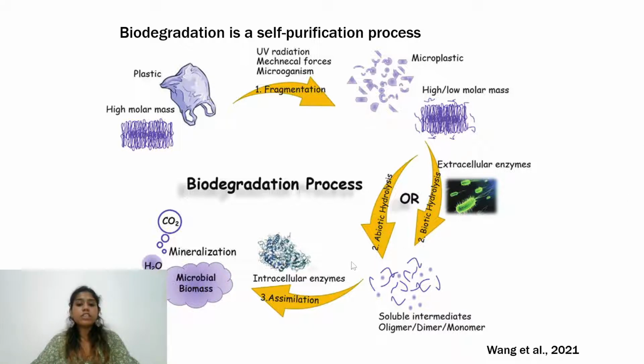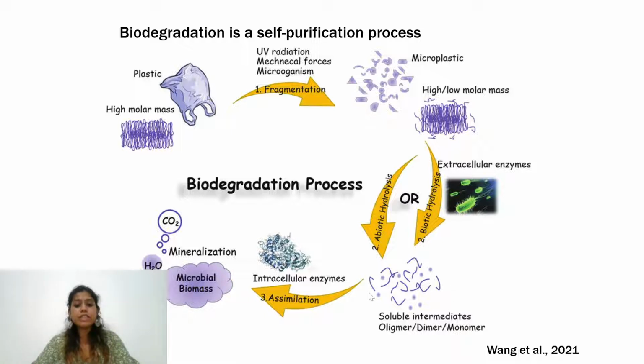Abiotic hydrolysis means hydrolysis because of temperature and other external sources, and biotic hydrolysis is because of enzymatic components, especially those from microbes. Hydrolysis is basically breaking of bonds, hydro plus lysis. Once this happens, they are broken down into more soluble intermediate components. It could be either oligomers, dimers, or monomers.